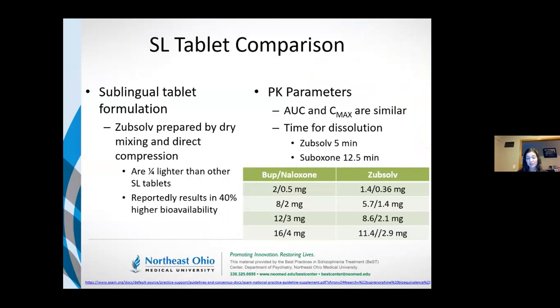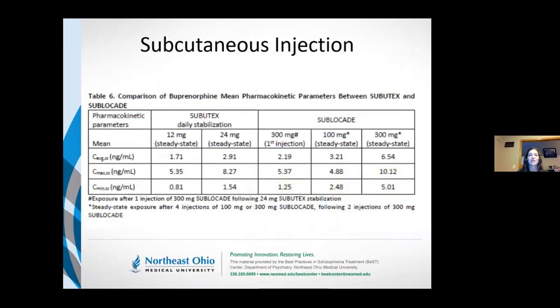So it's manufactured a little bit differently. They use a dry mixing and direct compression procedure, and that actually results in tablets that are lighter and dissolve significantly faster than some of the traditional sublingual tablets. That gives us higher bioavailability, and therefore they can use lower doses of it because the patient's able to absorb more.